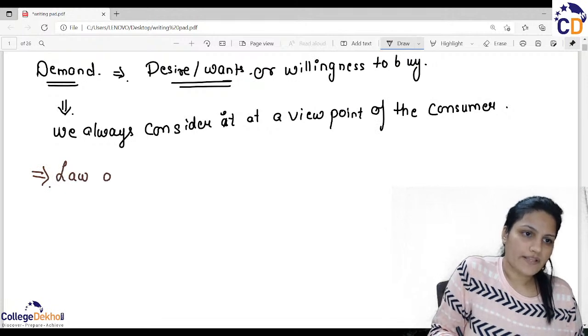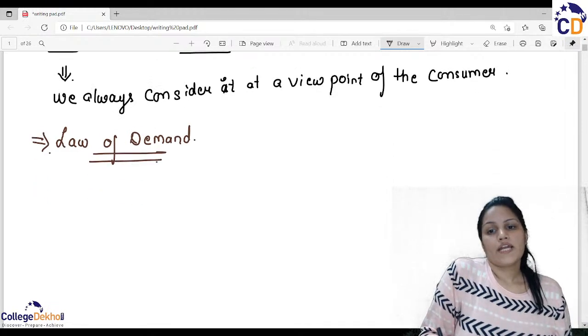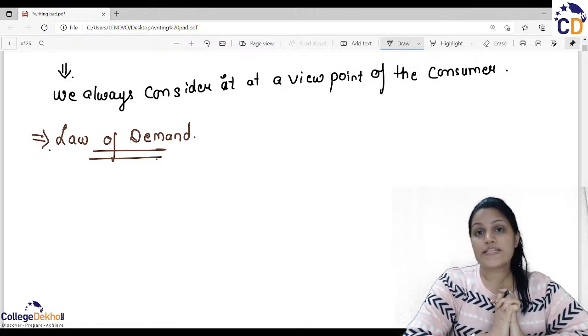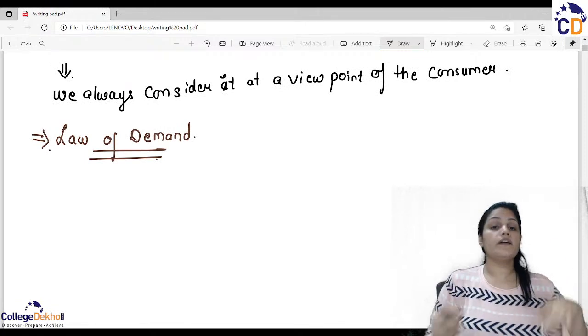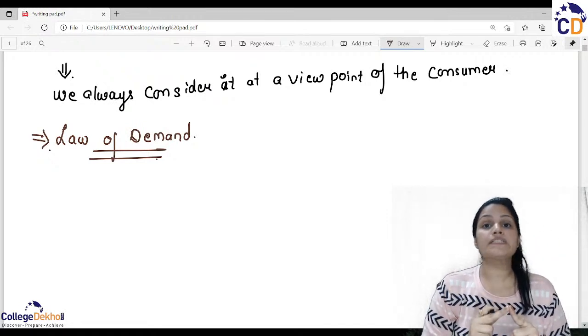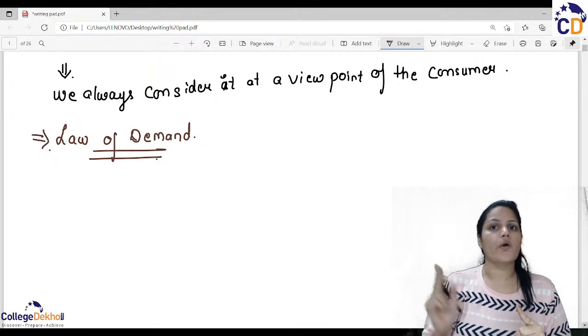The next topic is the law of demand. What is the law behind the demand? Because a law is always made as per the situation and practical examples of the surroundings.